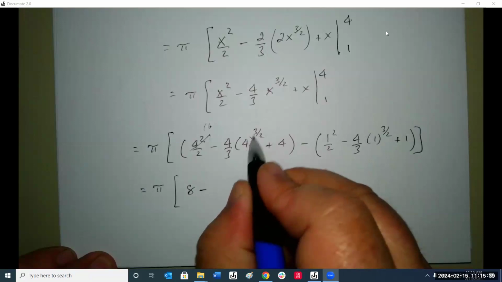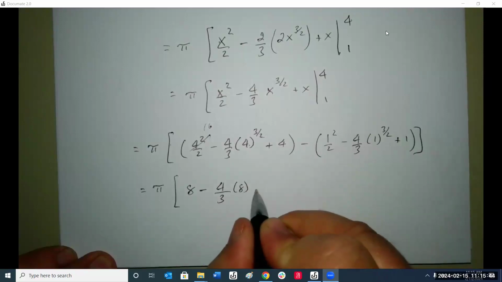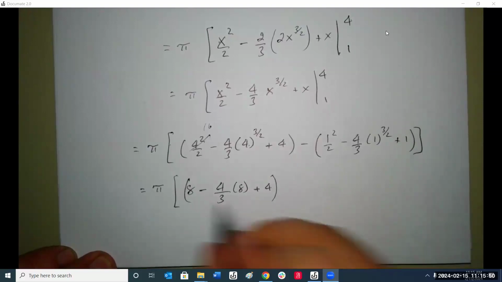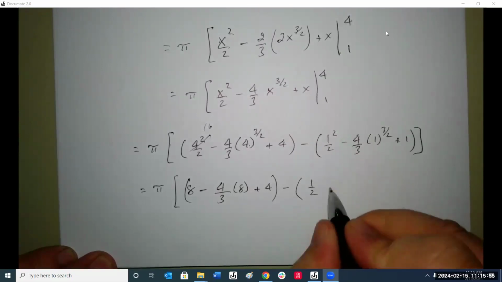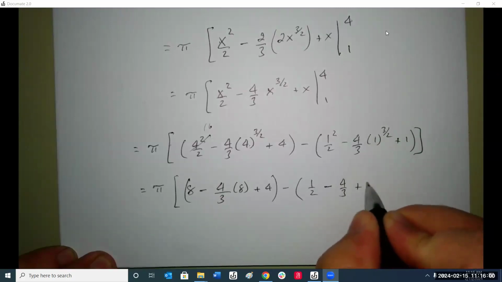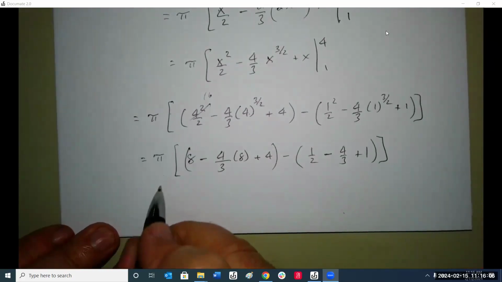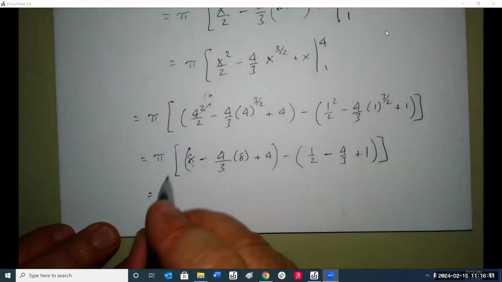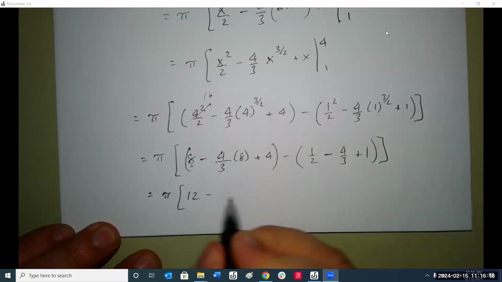Square root of 4 is 2, to the power 3 is 8. One squared is 1, so it's 1/2. Square root of 1 is 1, so it's minus 4/3 plus 1. Eight plus 4 is 12.